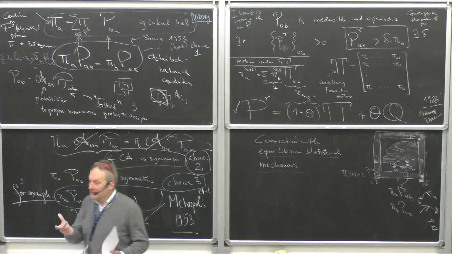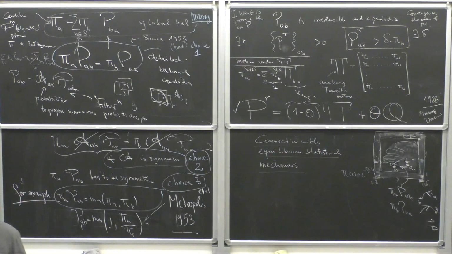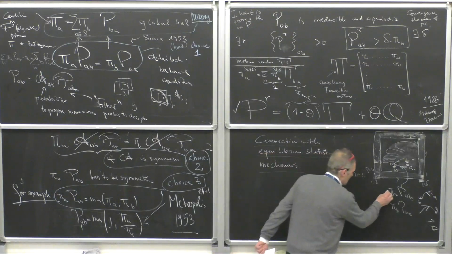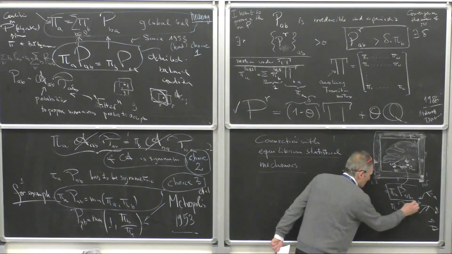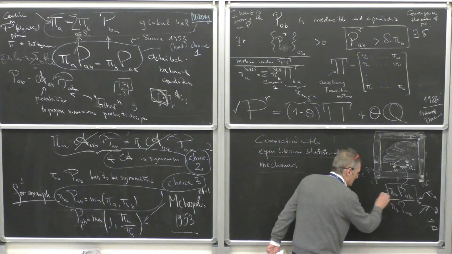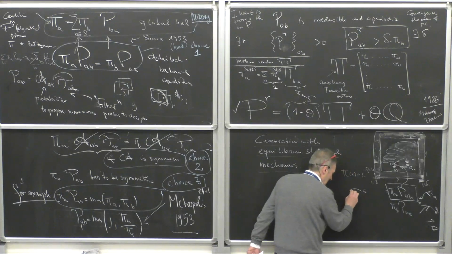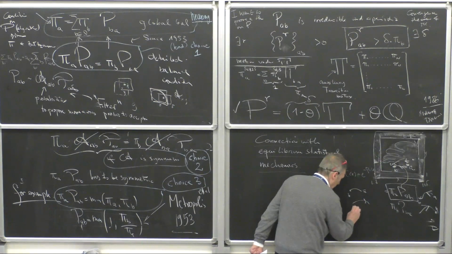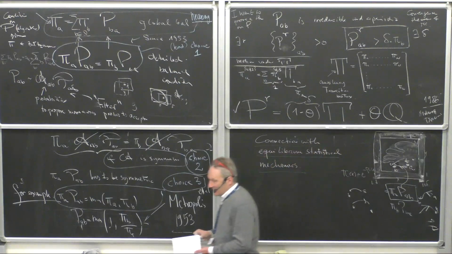We had an algorithm that satisfies a detailed balance condition, and the detailed balance condition is exactly the same thing as a reversible Markov chain. If these two are the same, then yes.